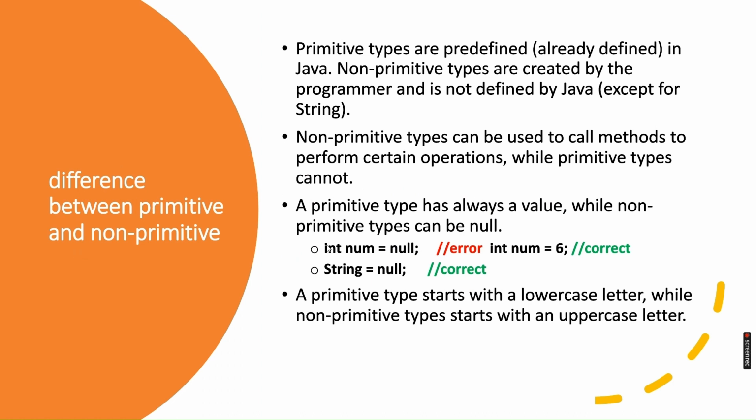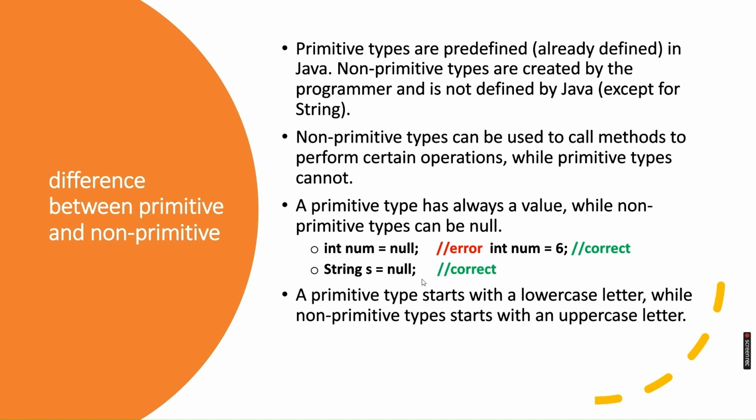There are no methods. The third difference is that a primitive type always has a value, while non-primitive types can be null. If we create a primitive variable and assign it a null value, this will throw an error, so we always have to give it a value in order to make it work.